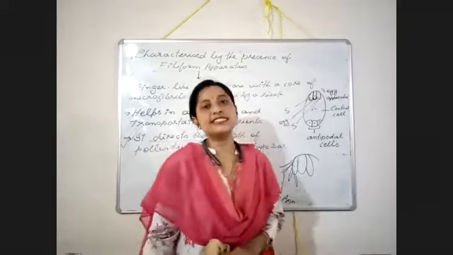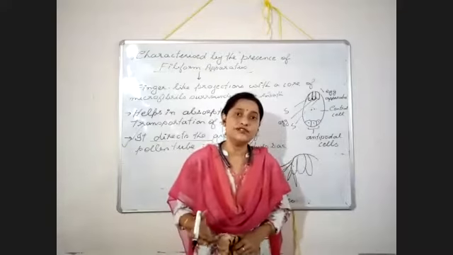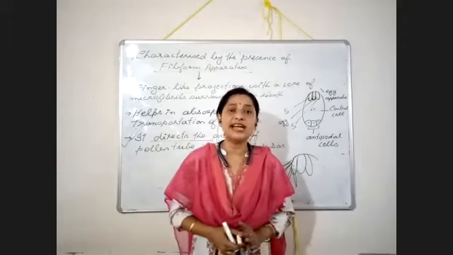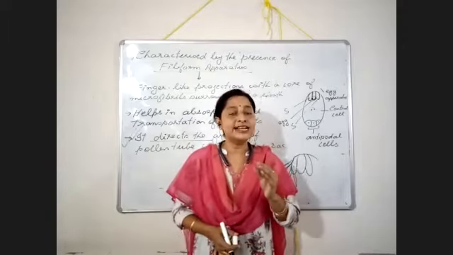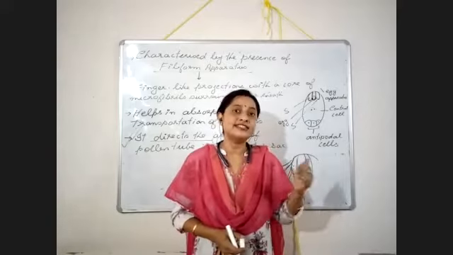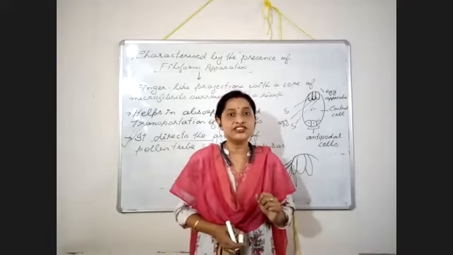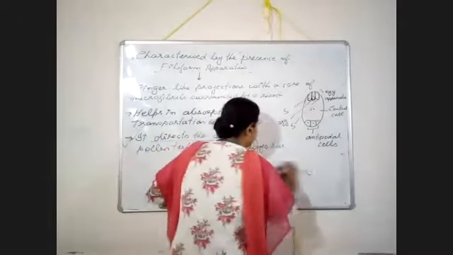Synergid cells are characterized by the presence of the filiform apparatus. Now, what is its function? The most important function of the filiform apparatus is to direct the pollen tube into the embryo sac, and it is always the synergid that does this. In short, we can say that the synergid acts like a traffic police.